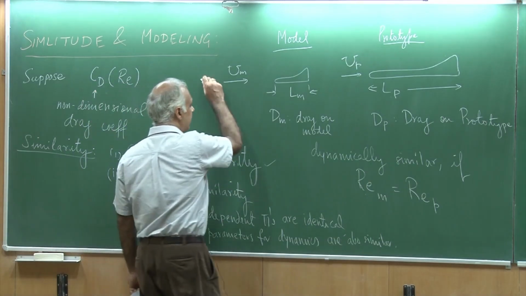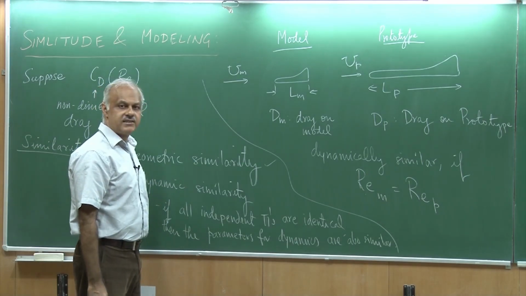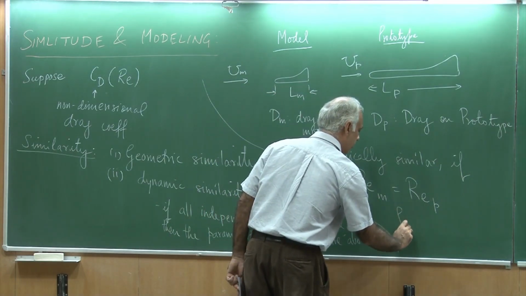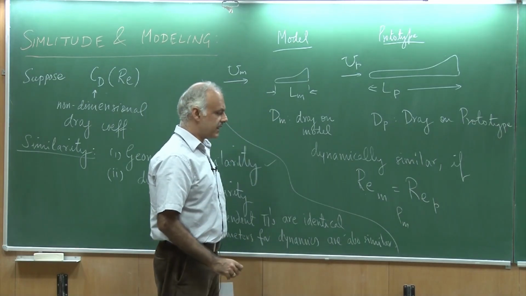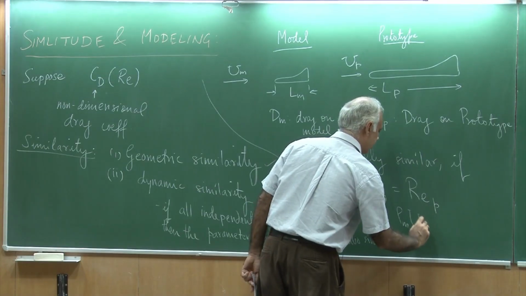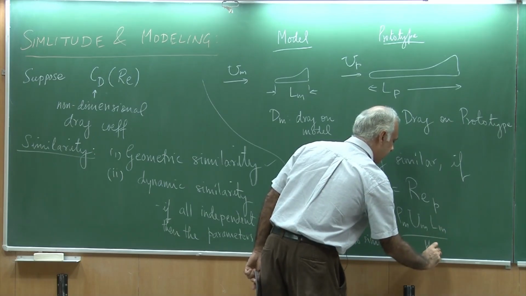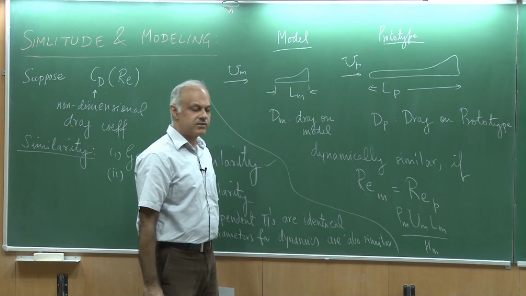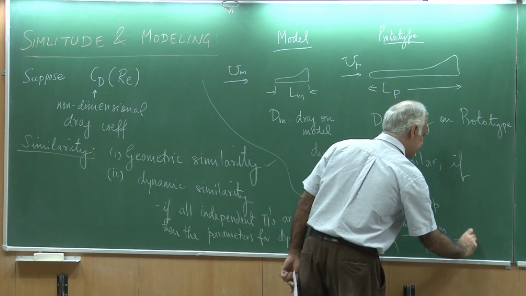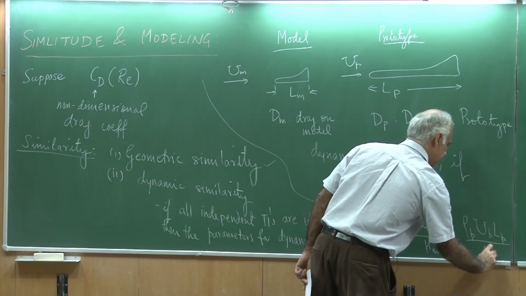This would imply that if I am doing my experiments in air just like in the prototype, then the Reynolds number for the model would be rho of the air that I am going to use for the model times the velocity, Um, and the length of the model, Lm, divided by mu, the coefficient of viscosity of the air for the model. This should be exactly the same as rho p Up Lp divided by mu p.